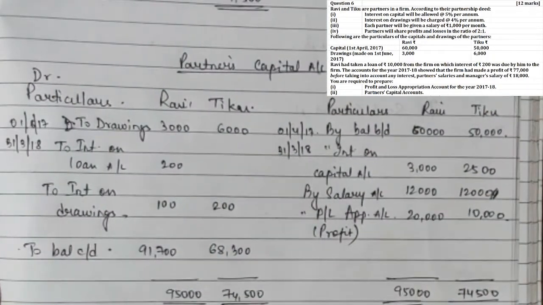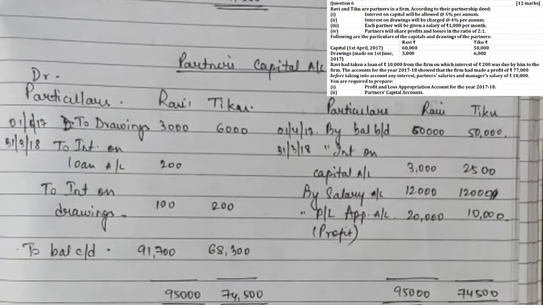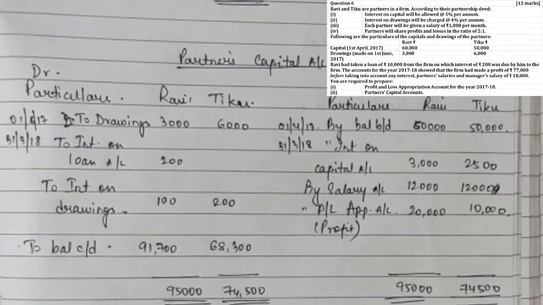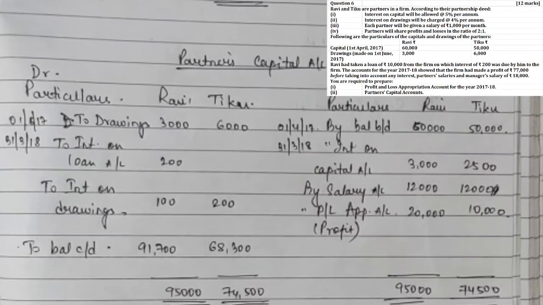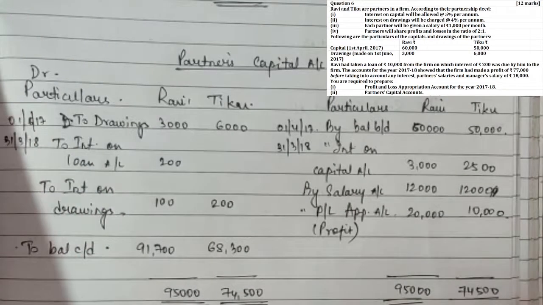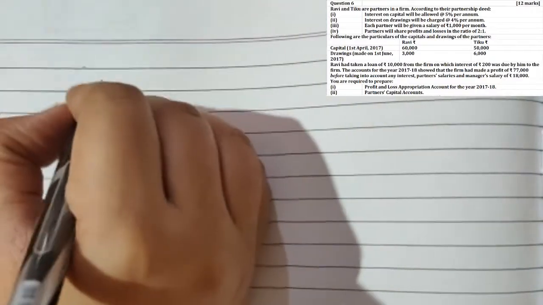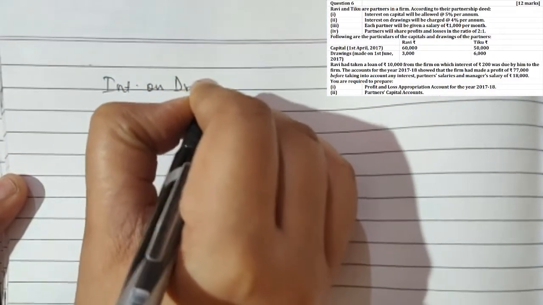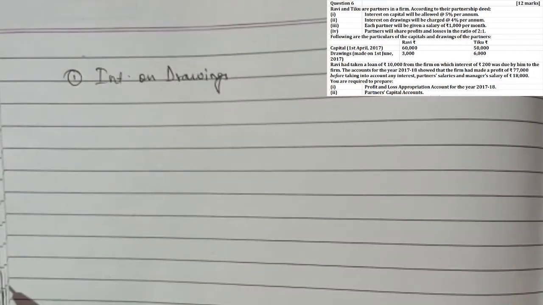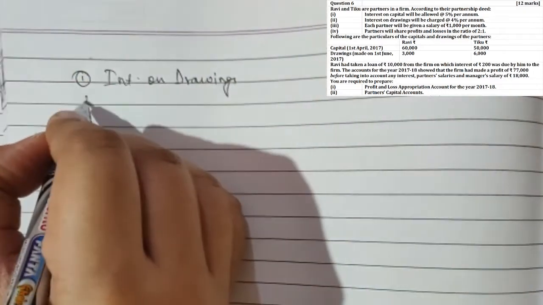So, in this question, the few areas where students tend to make a mistake is first is the interest on drawings. You might forget to provide the proportionate interest and charge it for the whole year. So we have to be careful in this respect.